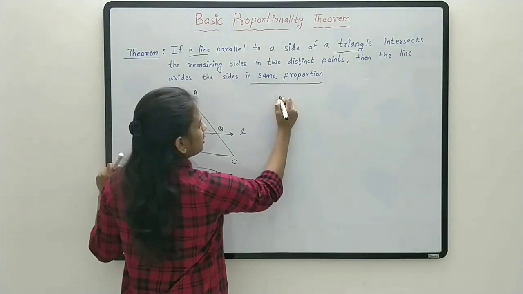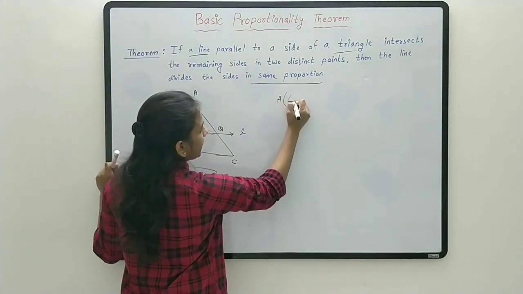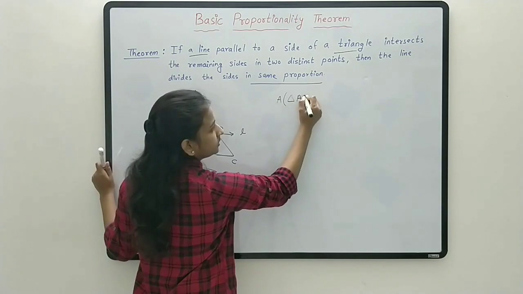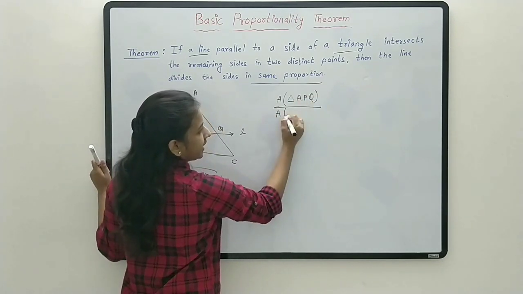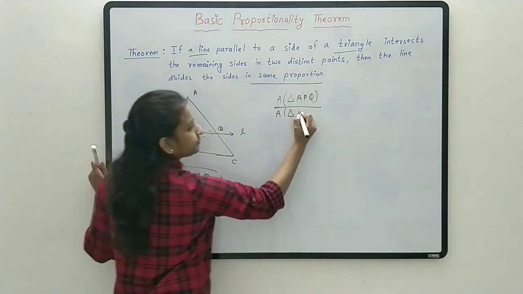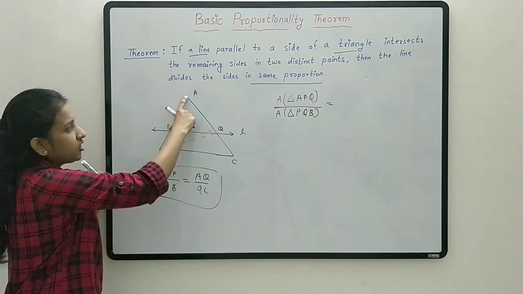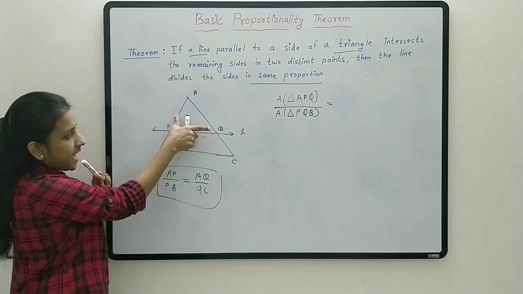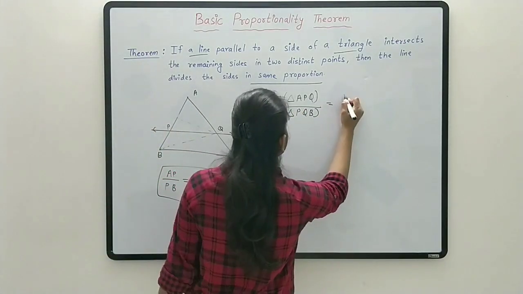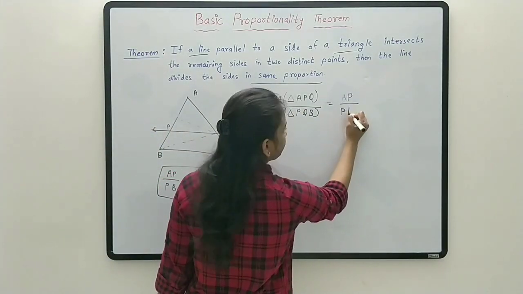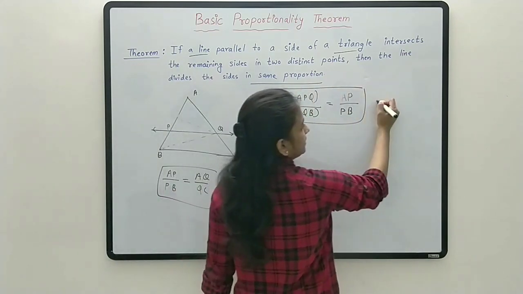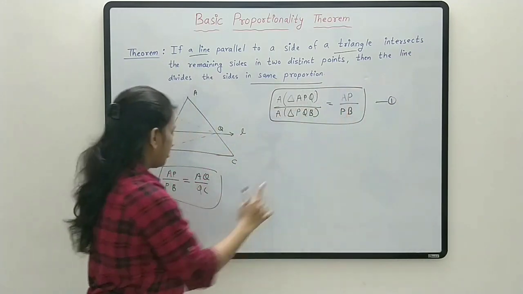So the ratio of the area of triangle APQ and the area of triangle PQB is nothing but the ratio of their corresponding bases, because they have equal height. So the corresponding bases give AP upon PB. This we got.